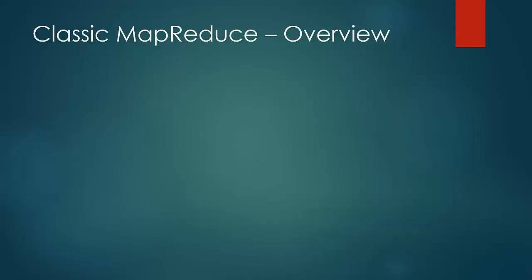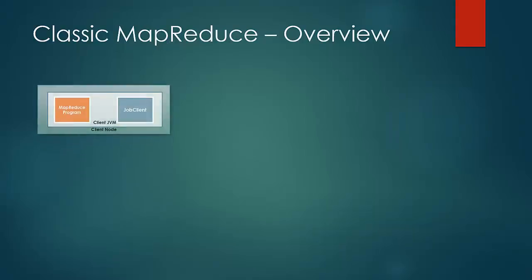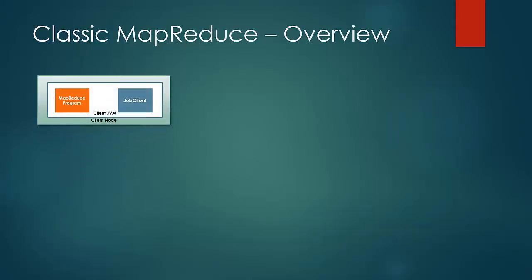So let us see the job run in the classic MapReduce framework. Here we see that the client node has the job client running. Job client is the part of the Hadoop setup which is responsible for interaction with Hadoop. It is important that the job client runs on the machine that accesses or interacts with Hadoop, or else the machine won't be able to interact. It is the job client, which is a Java program, which carries out the whole process of interaction with Hadoop.